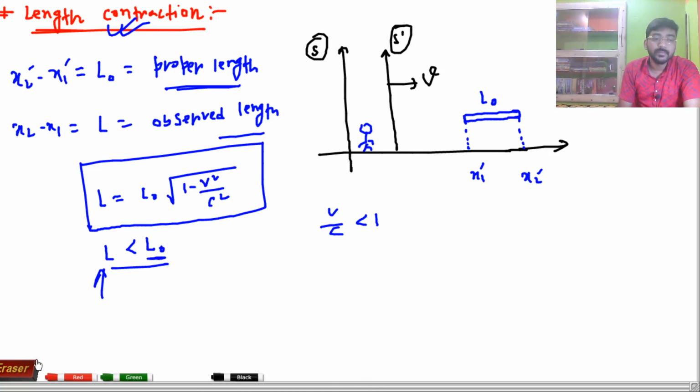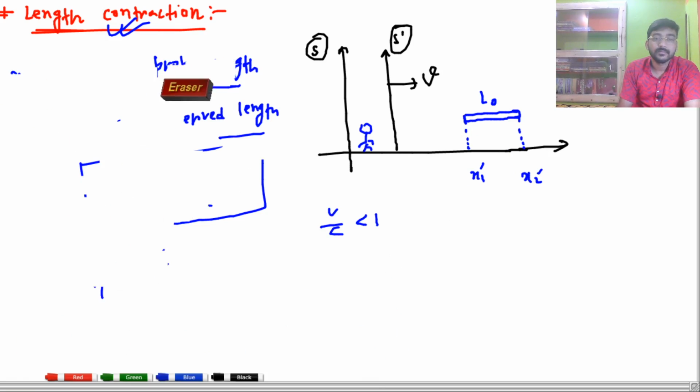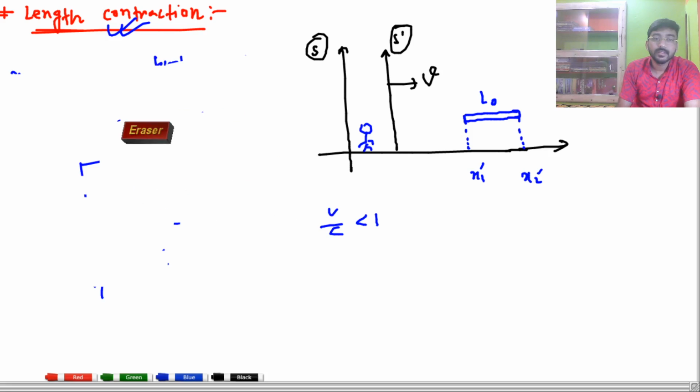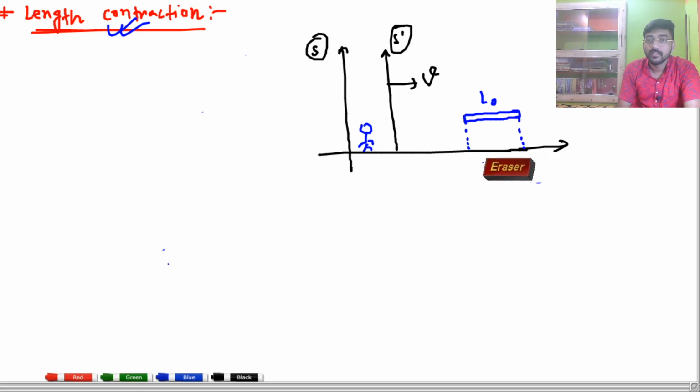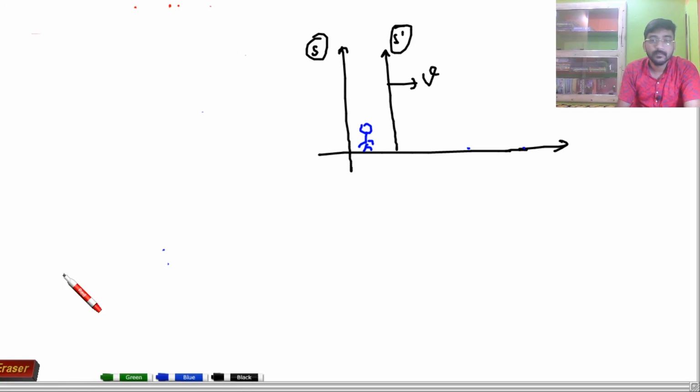Similarly, we can find the time dilation. This is slightly different from this formula. The situation is the same. We have two frames of reference, one is the S frame and another is the S dash frame.